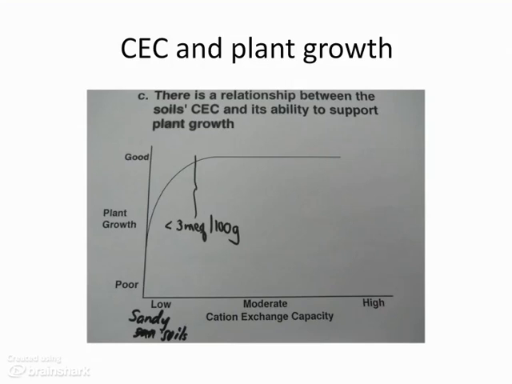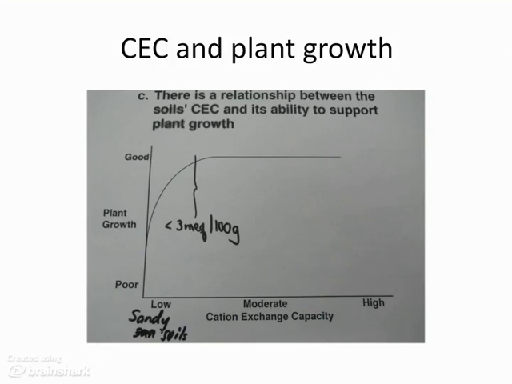There is a general relationship that as the CEC of the soil increases, we get better plant growth. As you can see on the left side where the CEC is low, plant growth is only moderate. As the CEC increases, plant growth becomes good. So when we have moderate and high CECs, we have the potential for pretty good plant growth.